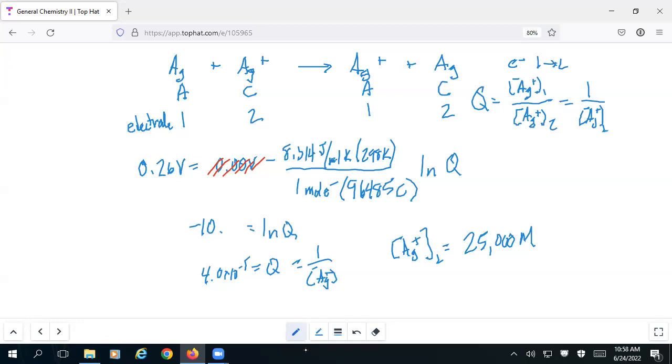And 25,000 molar is beyond the limitations of concentration. You'd have to lower the concentration in the anode so that you could lower the concentration in the cathode accordingly.